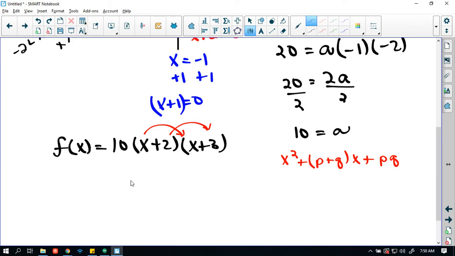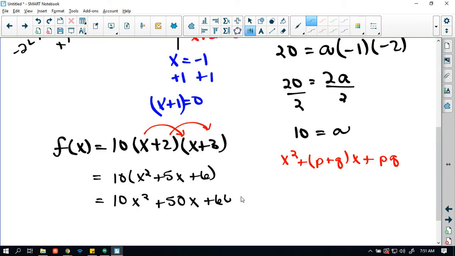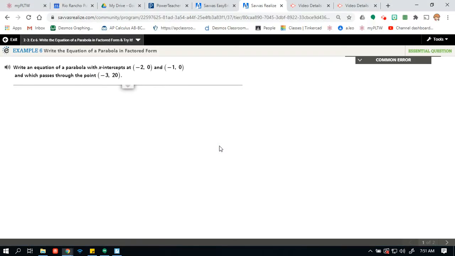So x squared plus 3x plus 2. And then you factor in the 10. So always do the FOIL and then the distribution. So this is 10x squared plus 30x plus 20. So this is standard form. This is factored form. Those are all the forms.